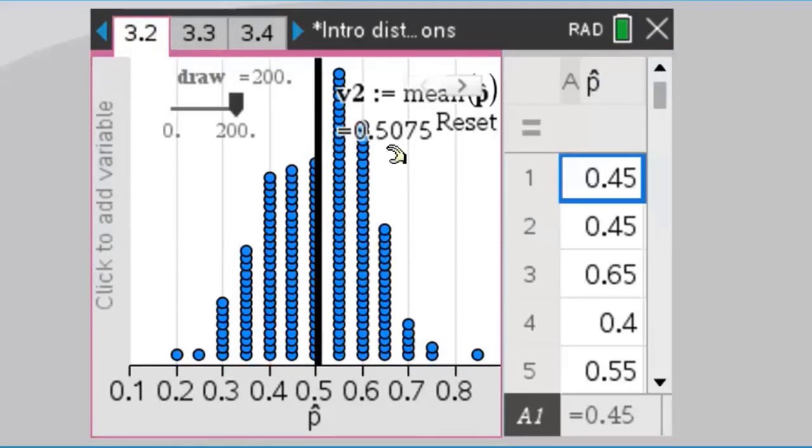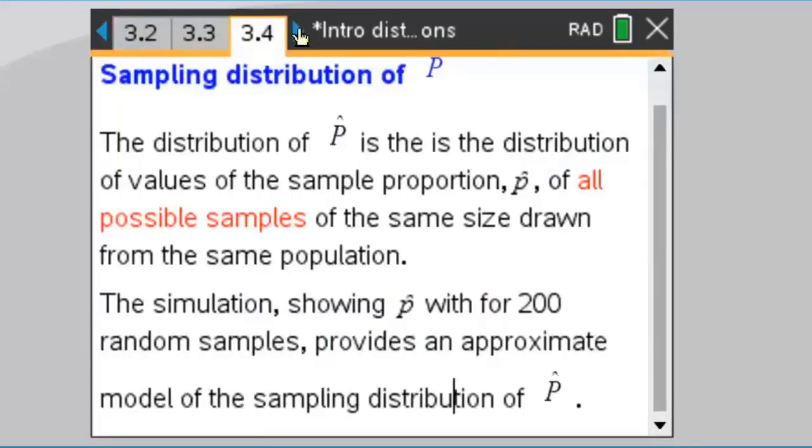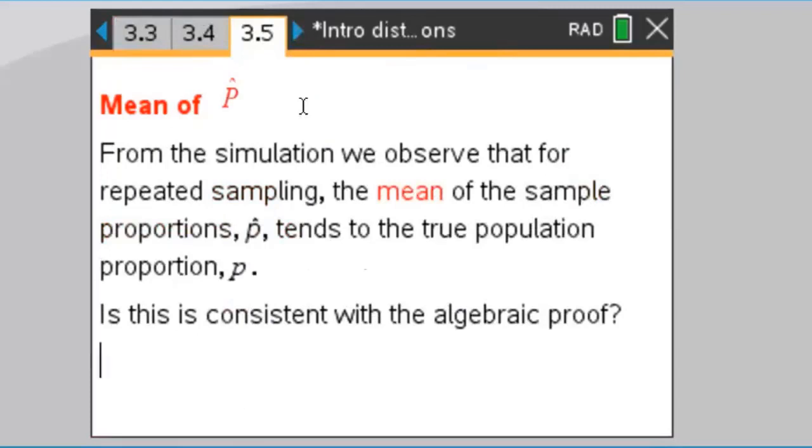In fact, for those 200, the mean of those 200 results is 0.5075, very close to the true population proportion of 0.5. So, is that a coincidence? Well, from the simulation, we observe that it tends towards the true value p.